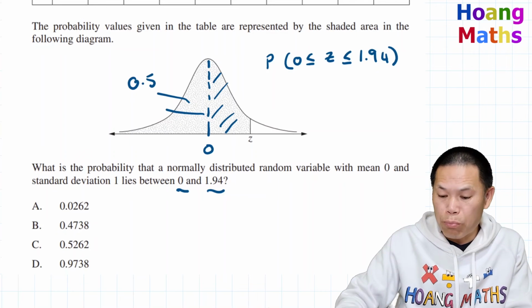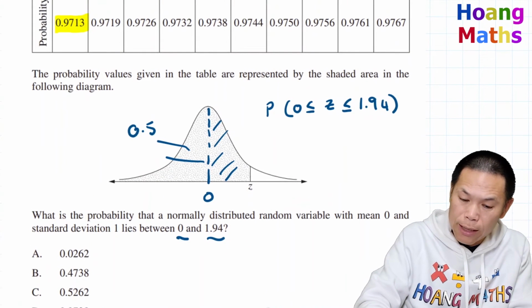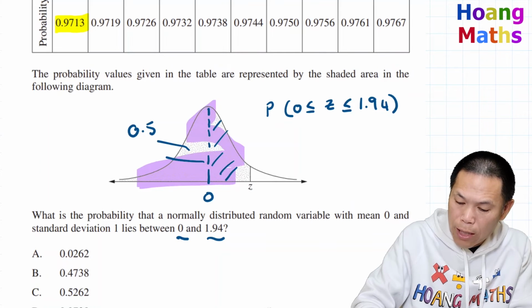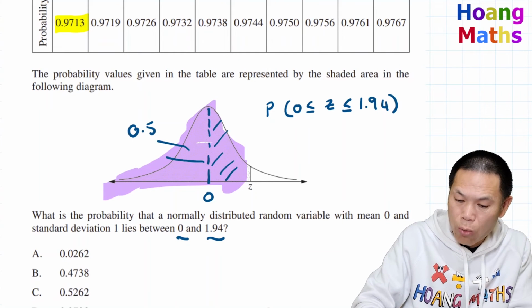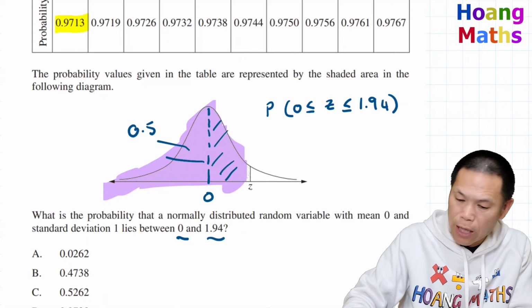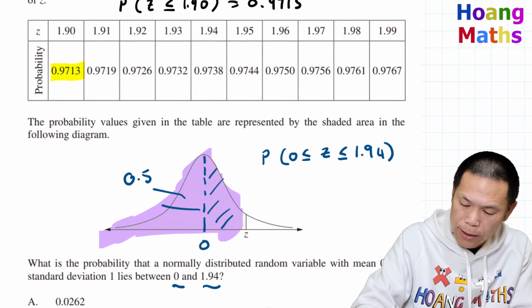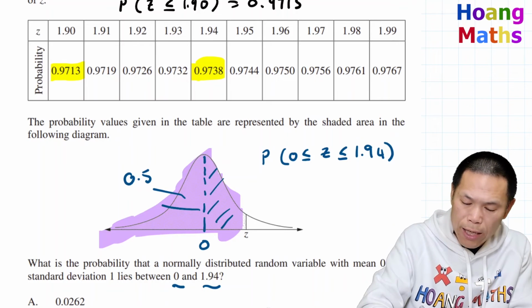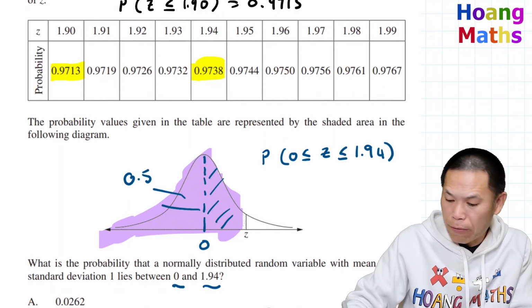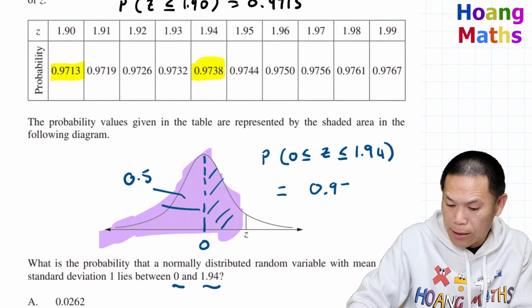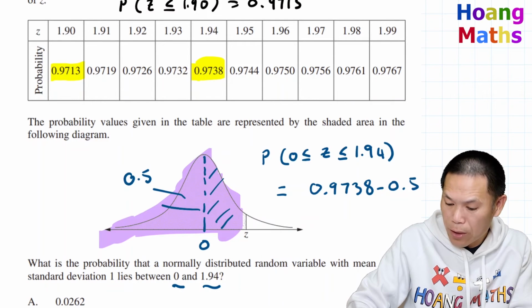But we know that the probability that Z is less than 1.94, the whole lot, is from this table here. So 1.94 is here, which is 0.9738. Then we need to minus 0.5.